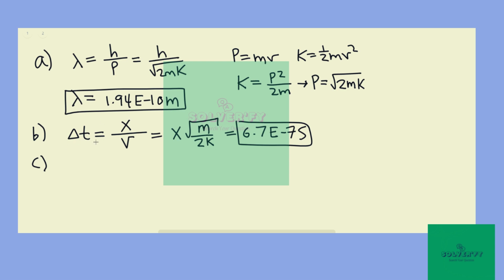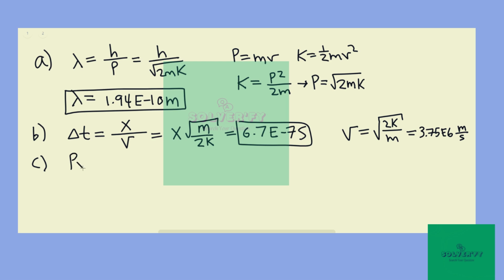Now, if we know the x velocity, which you can get from kinetic energy, it's root 2k over m, which is equal to about 3.75 E6 meters per second. If we know this, and we know the mass, we know momentum.